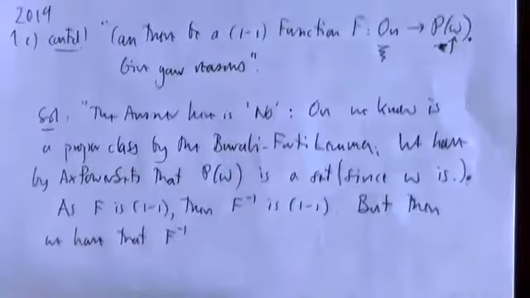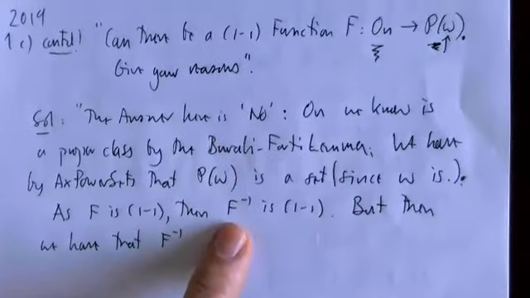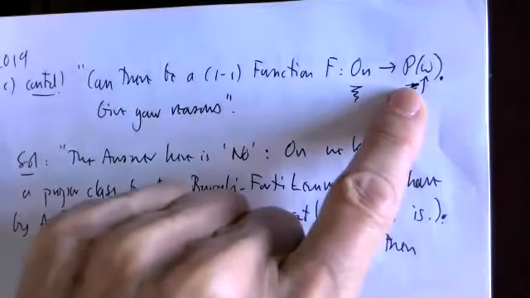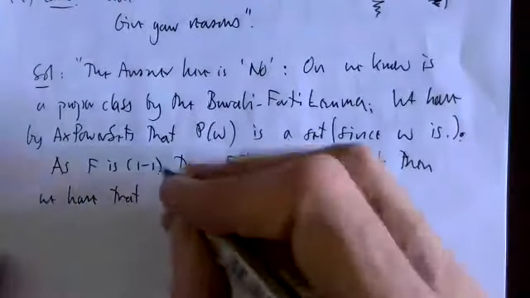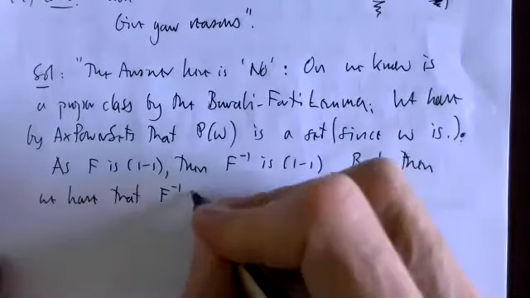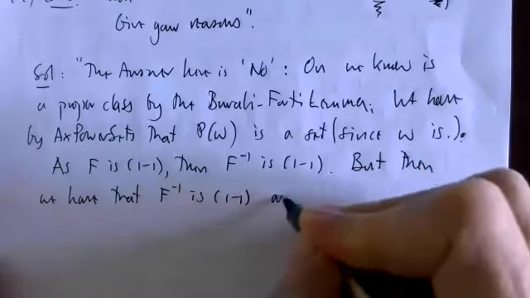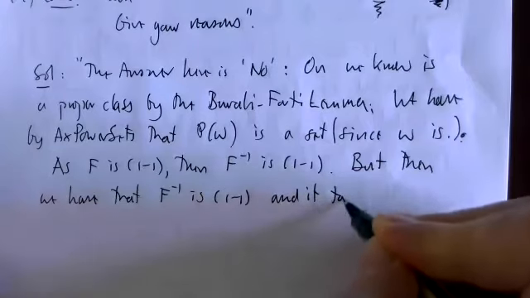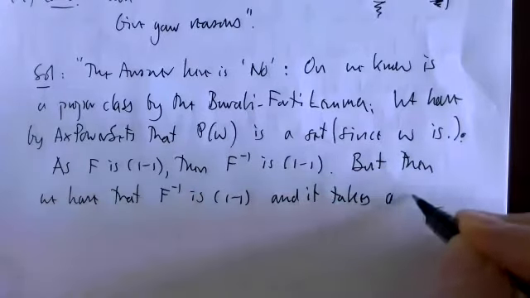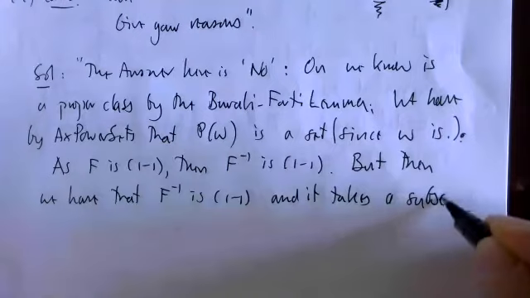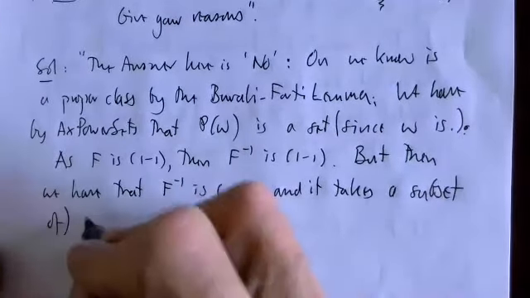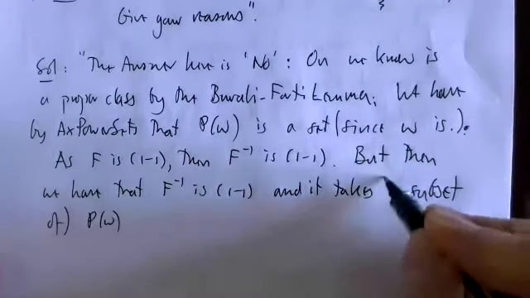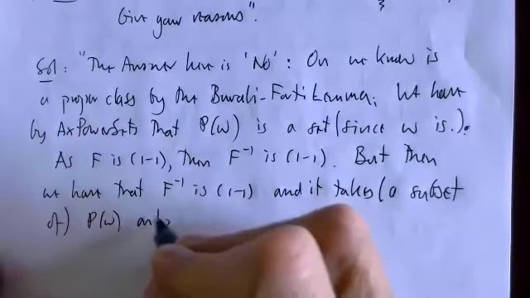On the other hand, the domain of F to the minus 1 is a subset of P omega. So it takes a subset of P omega onto On.